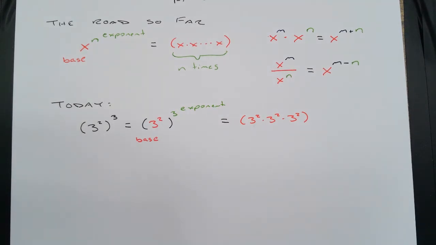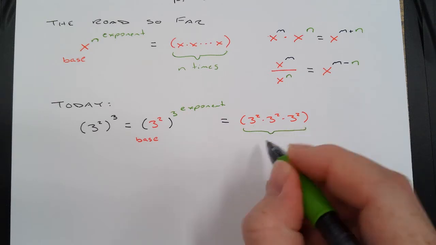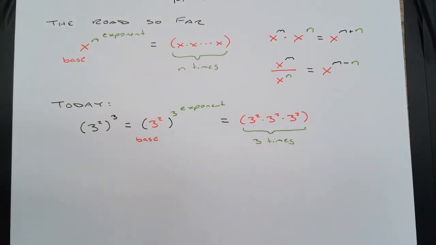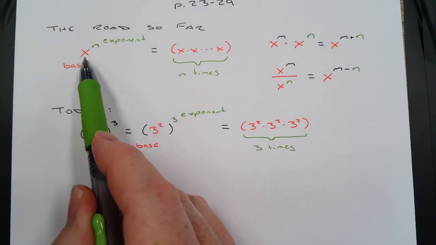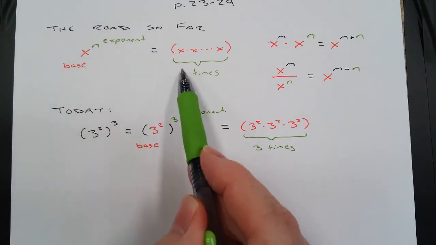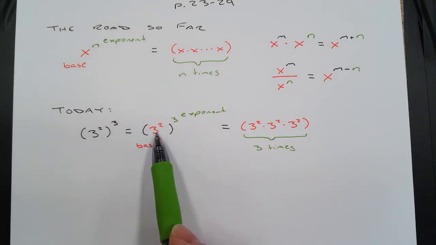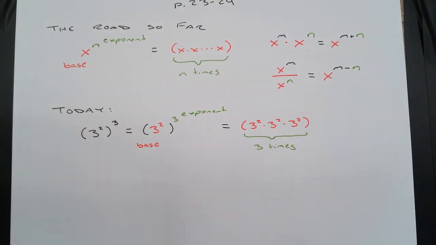The reason I wrote it 3 times is because the exponent was 3. So it's just the base 3 times. Just like on Monday, x was the base, and we do that n times. Today, even though the base has an exponent, we just repeat it 3 times. We don't have to solve it first.